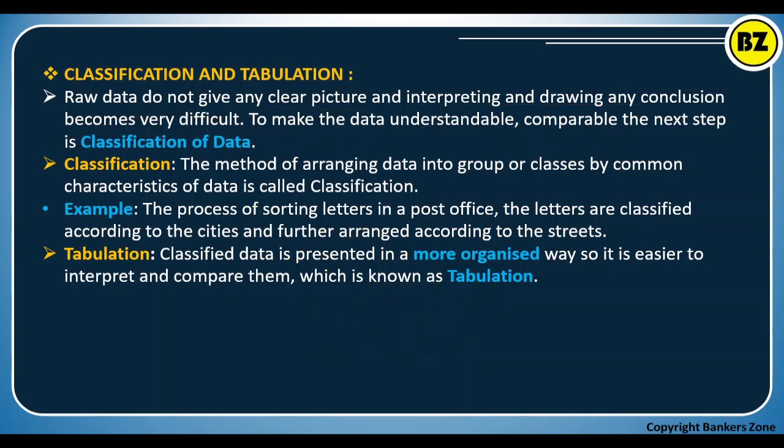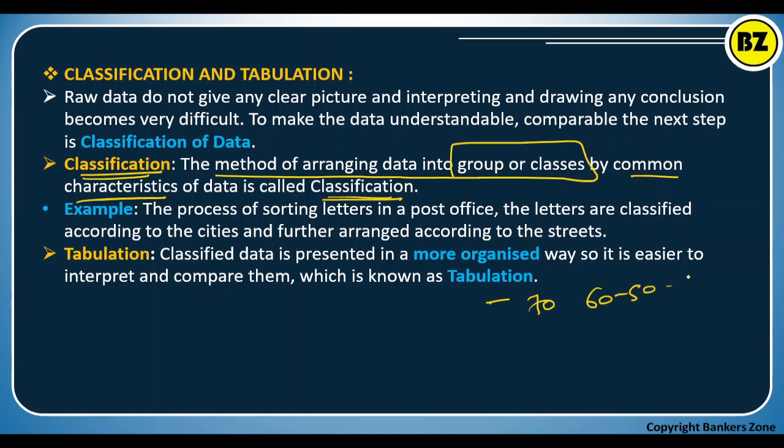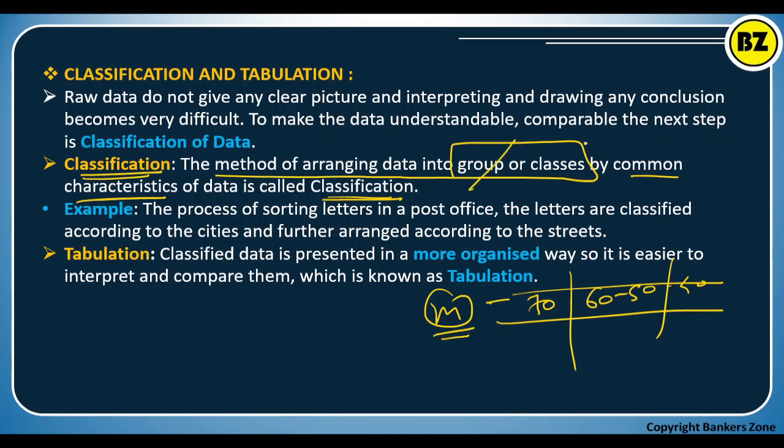Now what is classification? Classification means the method of arranging data into groups or classes by common characteristics. For example, you classify students who score more than 70, then 60 to 50, and less than 40. You classified the students based on their marks, a simple characteristic. It is in the form of groups or classes.